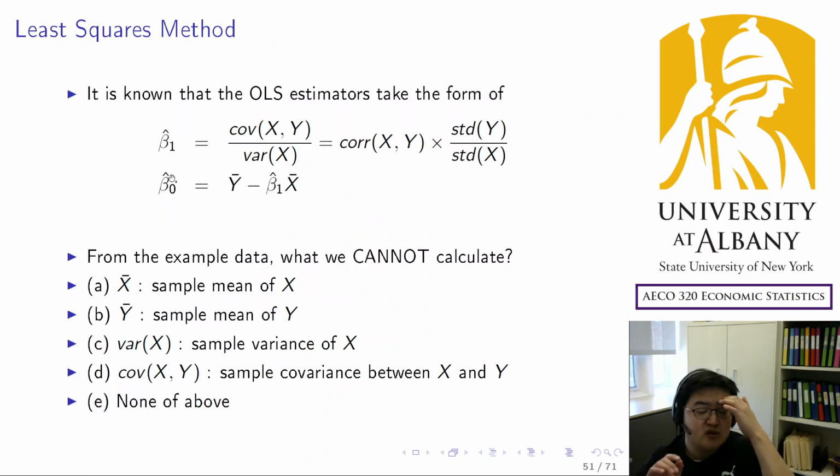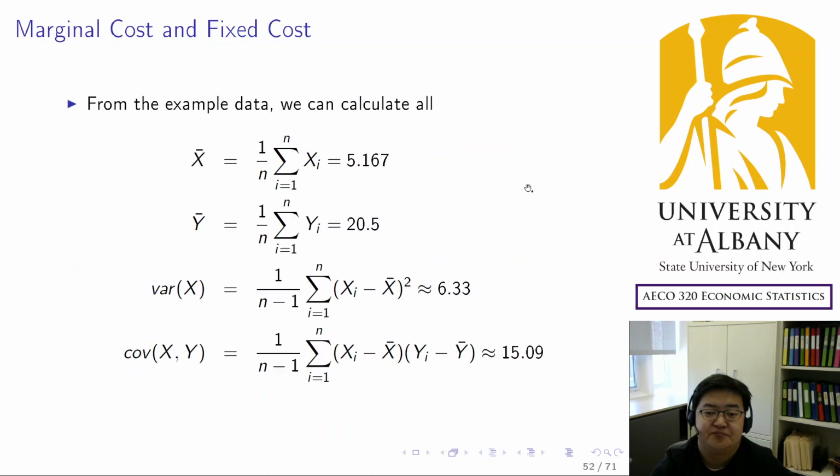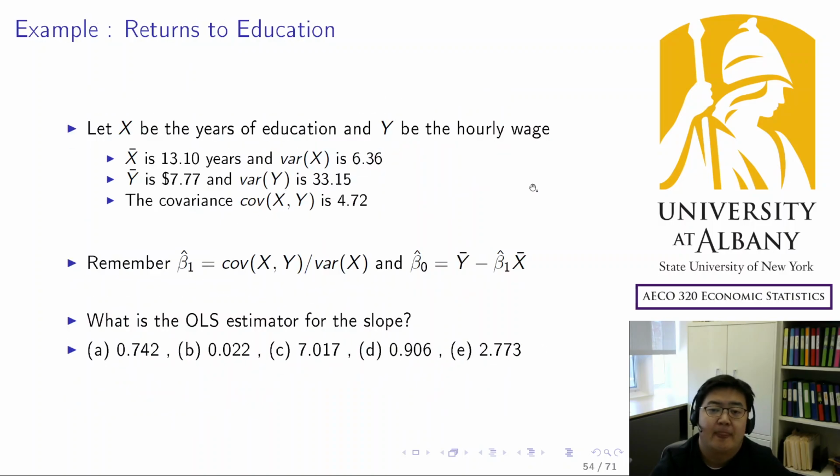Or if you want to make your own program for the OLS estimator, this is the easiest way to code it. Of course, you don't need to code it this way, but this is the easiest way to understand how you calculate this.